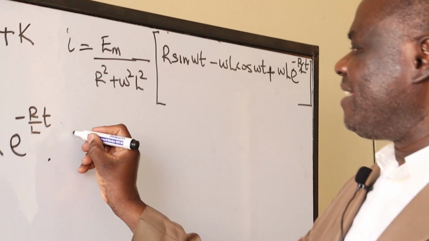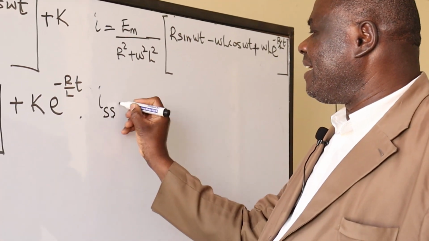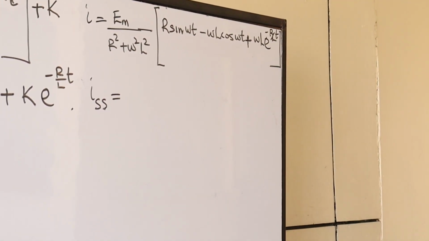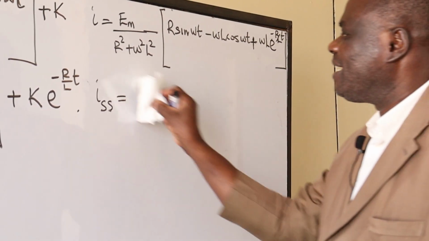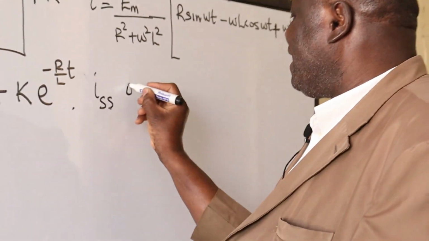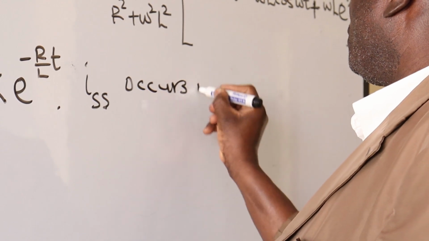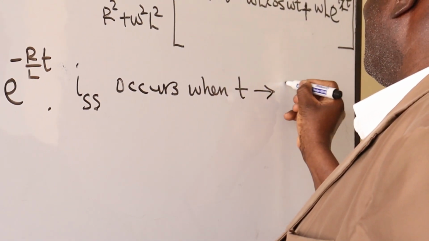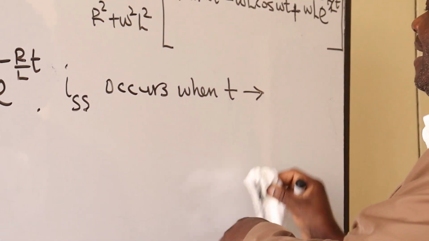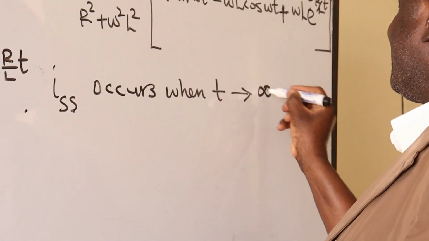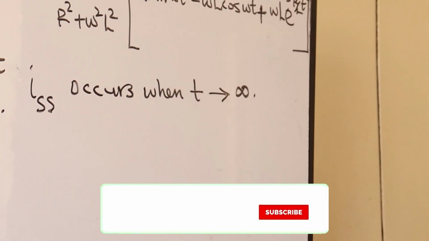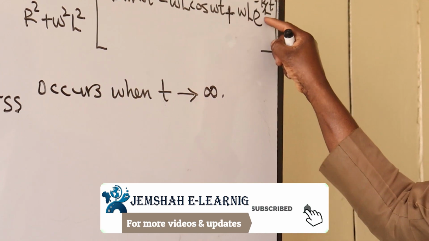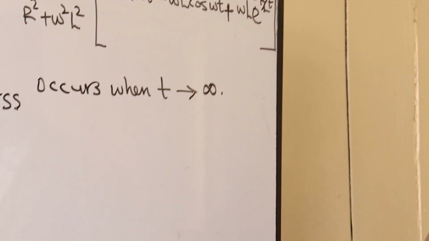So I steady state occurs when t approaches infinity. And when t approaches infinity, e power negative infinity is 0.